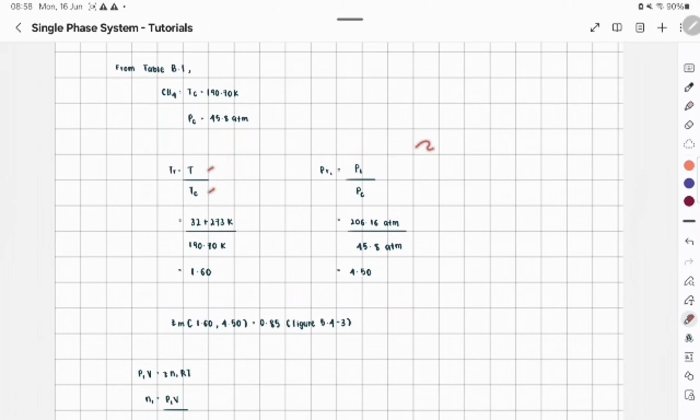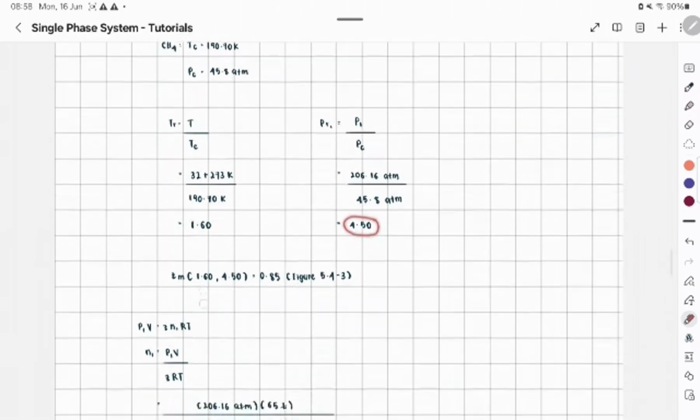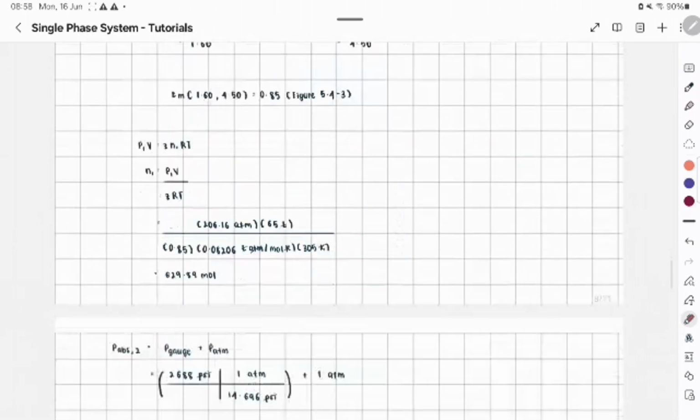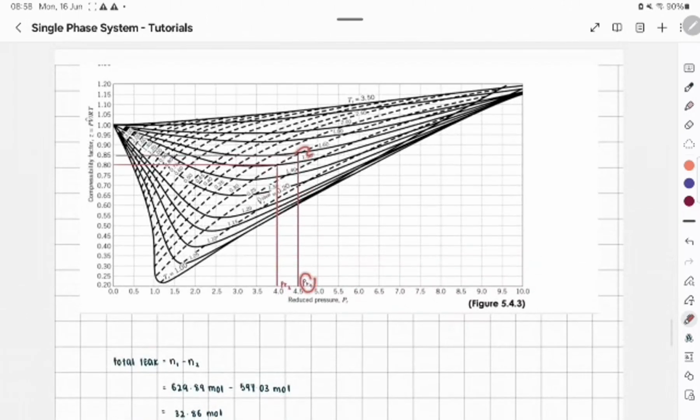After we put the values, for the PR value, we will get 4.50. As for TR, it is equal to 1.60. Based on these values, we will get that the Z value for the methane gas at specific temperature and pressure is 0.85.